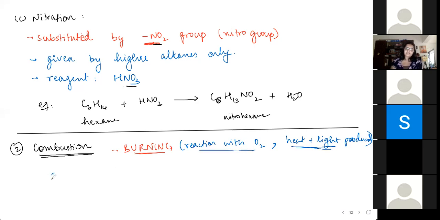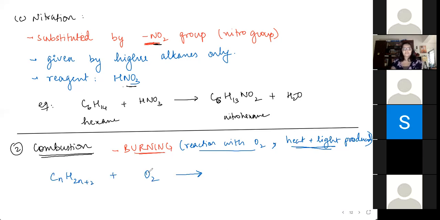There's a general reaction. Alkanes general formula CnH2n plus 2 reacts with O2. What are the products being formed? H2O and CO2. There you go.